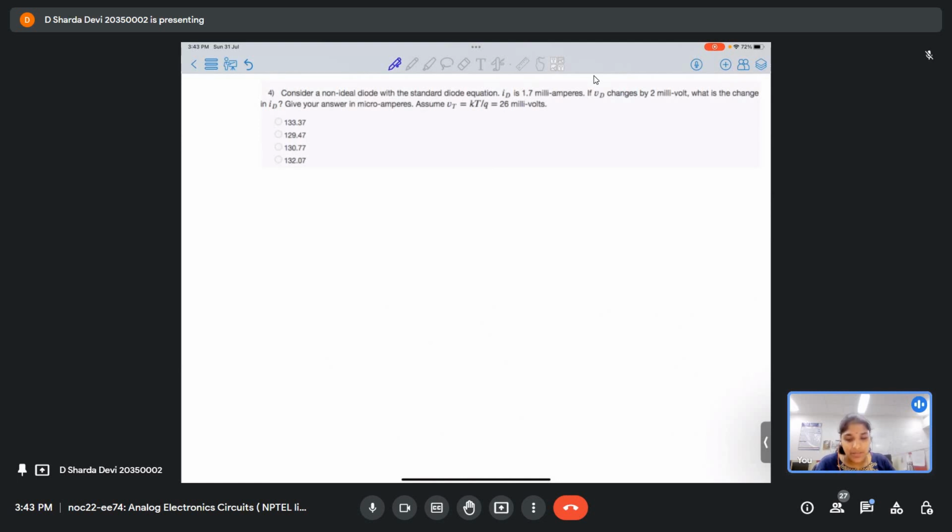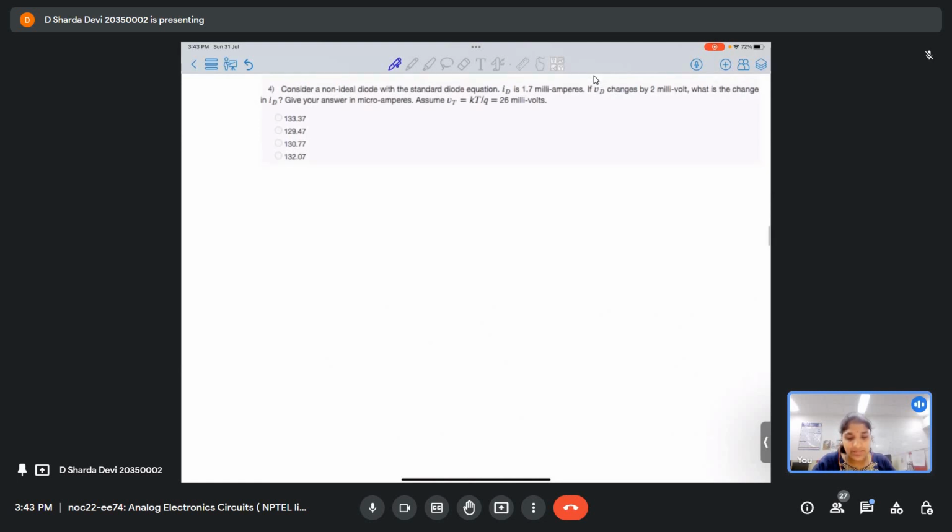So in this particular question, what is given? Consider a non-ideal diode with the standard diode equation. Standard diode equation means ID equals Is exponential Vd by Vt. Now it says that Vd changes by 2 millivolts, delta Vd is 2 millivolts.